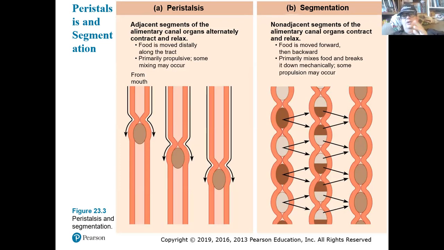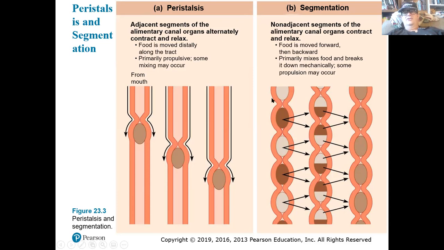Segmentation is when you have contractions that will separate and move things apart, as they're showing right here. This particular bolus piece of food, we're going to squeeze in the middle. We've now separated the two. Okay, great.